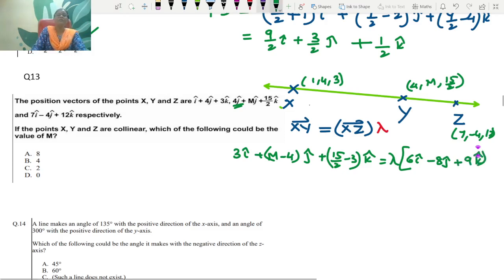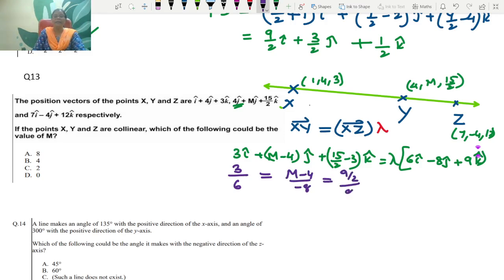So what information do we have regarding these two parallel vectors? Their components are proportional. That is, the i component 3 of this vector and 6 of that, m minus 4 and minus 8, 15/2 minus 3, that is 9 upon 2, and 9. So what do we get? They are all equal, this is all 1/2, no?